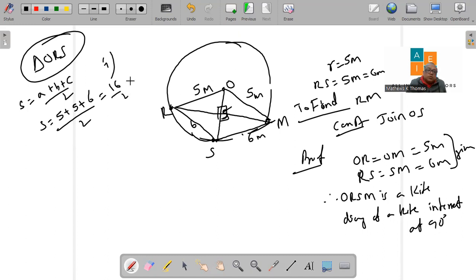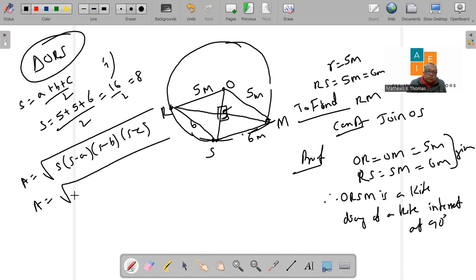So 16 upon 2, S is 8. And if you remember, area formula was root of S into S minus A, S minus B, S minus C. So area is going to be root of 8 into 8 minus 5, 8 minus 5, 8 minus 6, the third side.